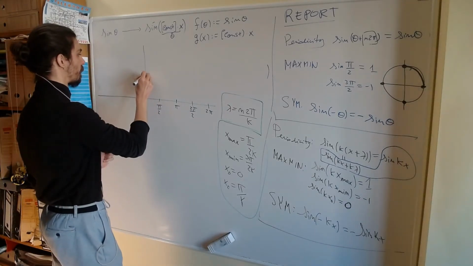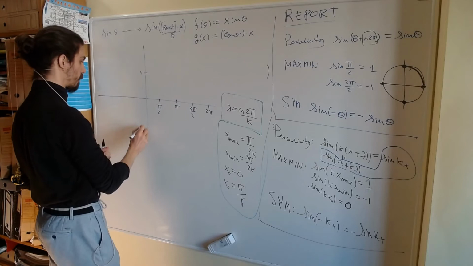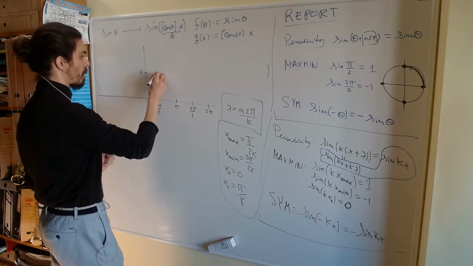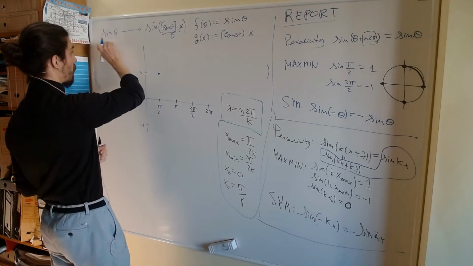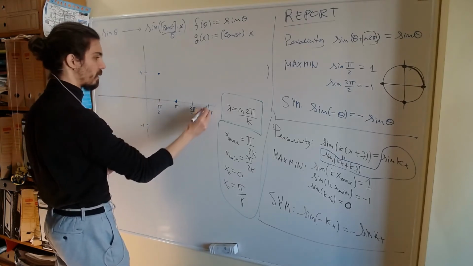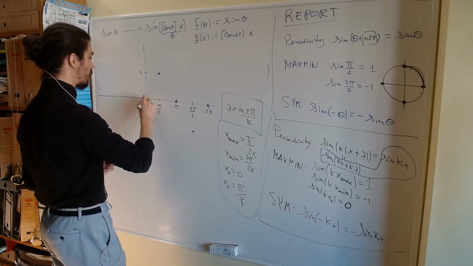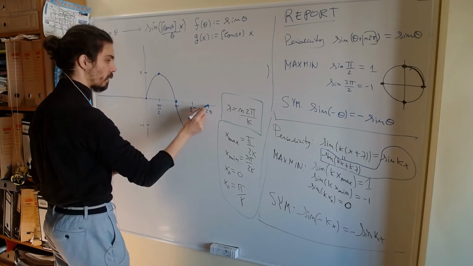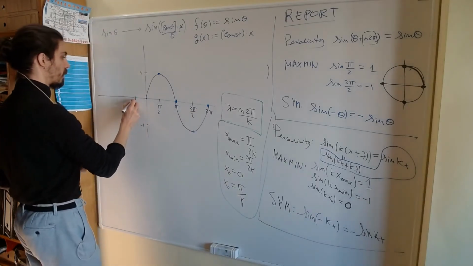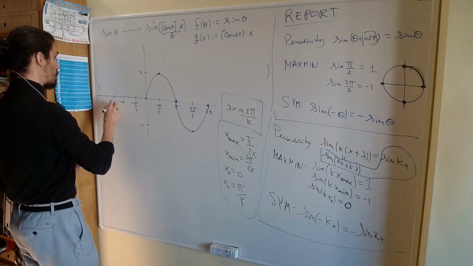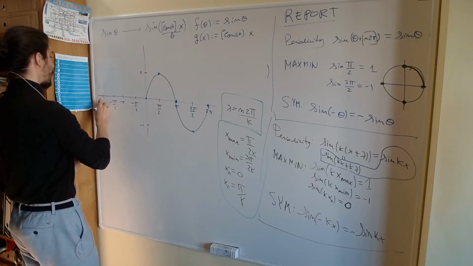This is 1. Here it's -1. Here the maximum is 1. I'm drawing first a sine, then it's 0, then it's -1, and then it's 0. This is 0, and so it goes like this. Okay? Here it is minus pi over 2, minus pi, minus 3 pi divided by 2, and finally minus 2 pi.